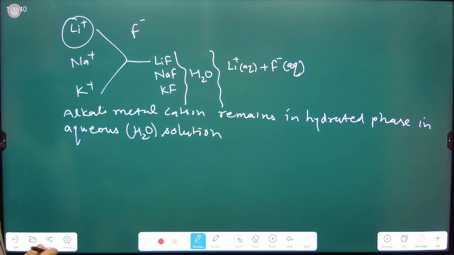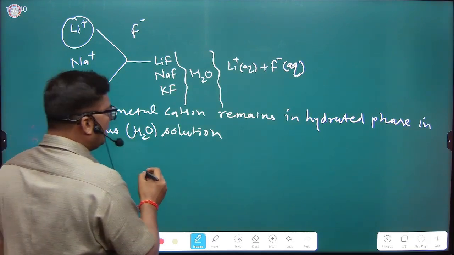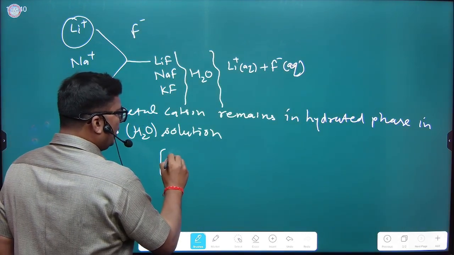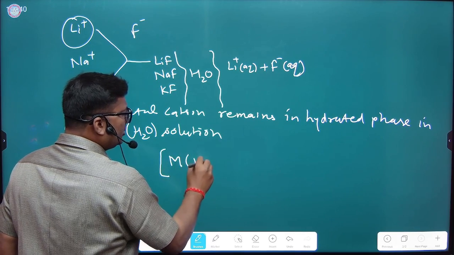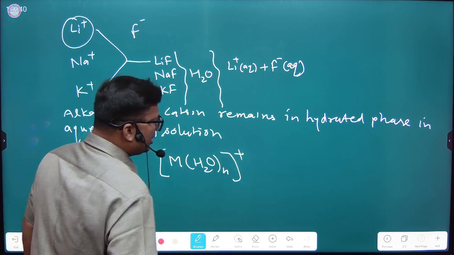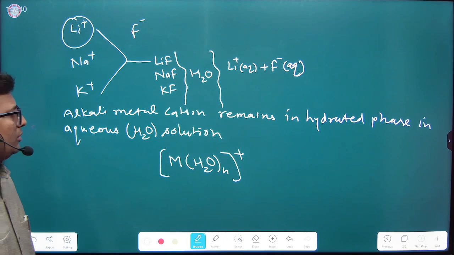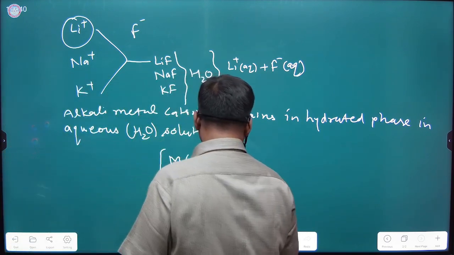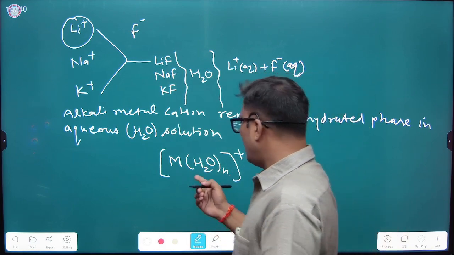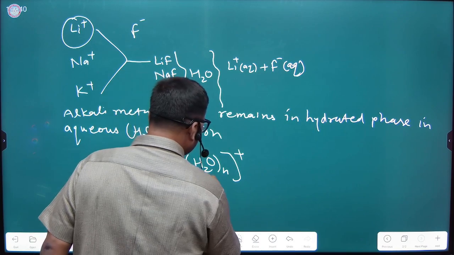Hence we can say that alkali metal cations form [M(H2O)n]+, with a plus charge. This is a different type of ion, called a complex ion.